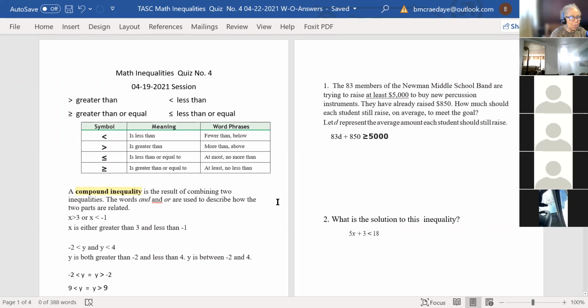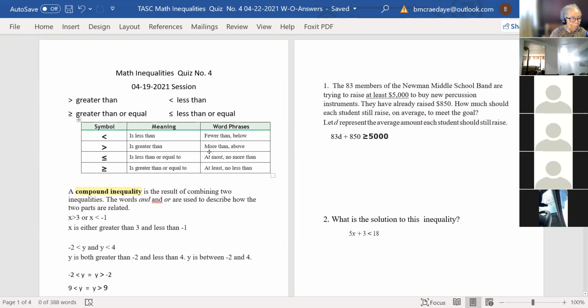Now, number 4, I really want to get started on this. Does everybody see math inequalities quiz number 4? Yes. And you see the greater than. I gave you a nice little reference sheet here, with some of the things you see in word problems and what they translate to. If you see fewer than or below, that translates to less than. If you see more than or above, that translates to greater than.